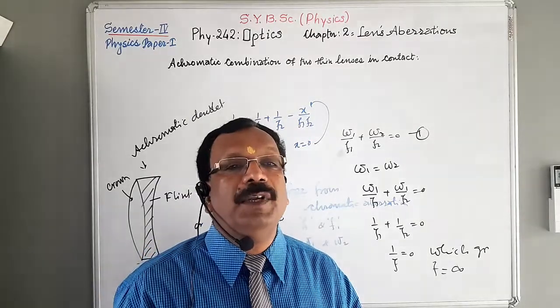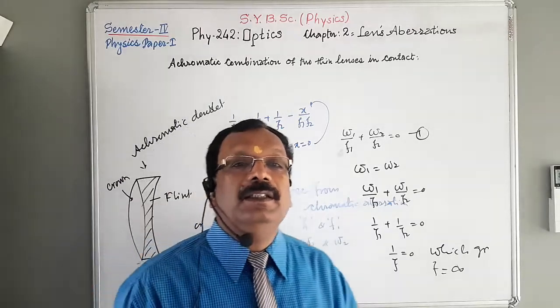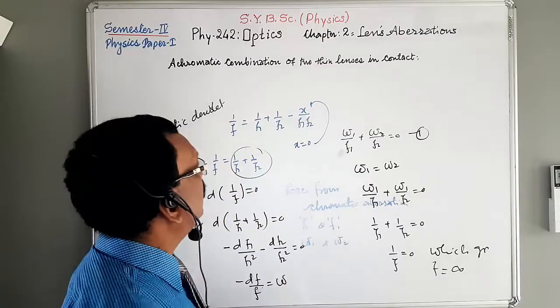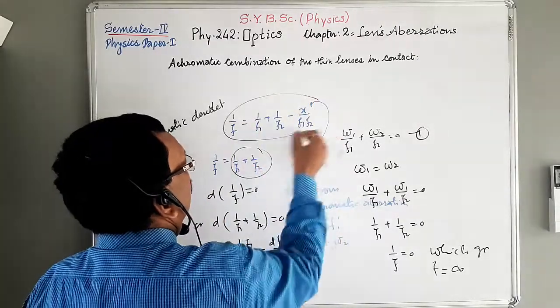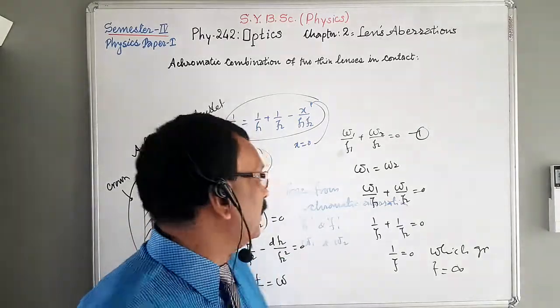Now, an achromatic combination of two coaxial thin lenses separated from each other by a finite distance. Then we have to consider this formula.